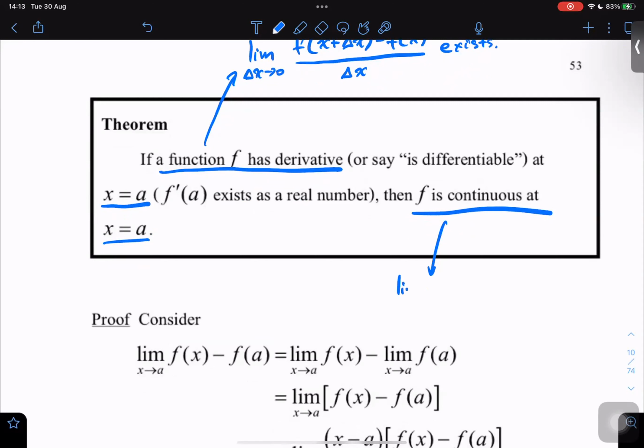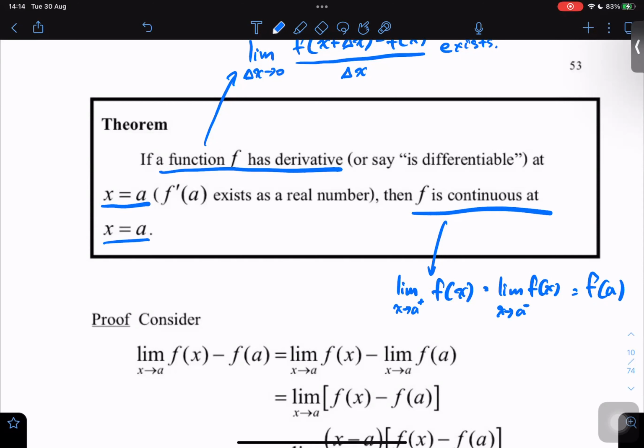It is the limit as x approaches a from the left of f(x), equal to the limit from the right, equal to some constant L, and I can write it like this, equal to f(a).